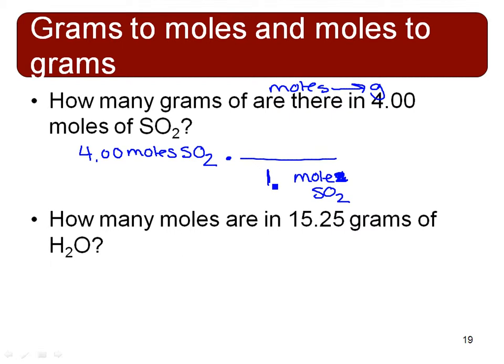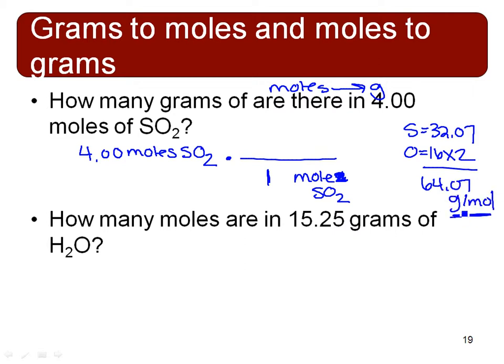Then we add up the molar mass of SO2. If we look at the periodic table, sulfur is 32.07, oxygen is 16 times 2, and this should give us about 64.07 grams per mole. See how our units are grams per mole? If we plug in, we've got grams here per mole in our denominator, just like we have here with our units, so our moles cancel.